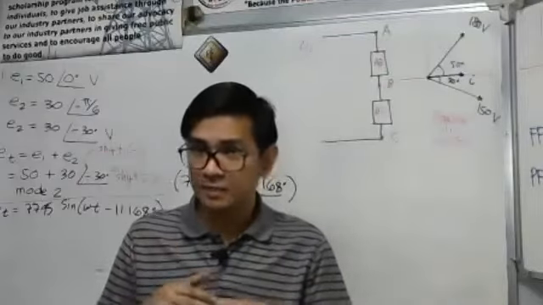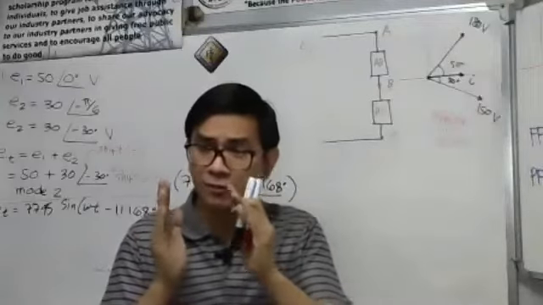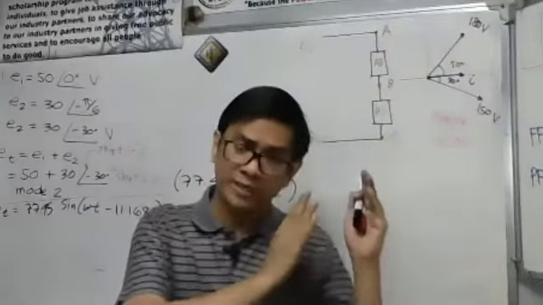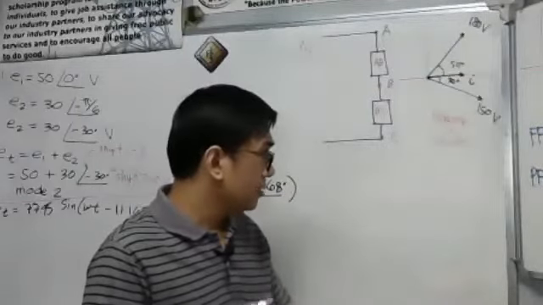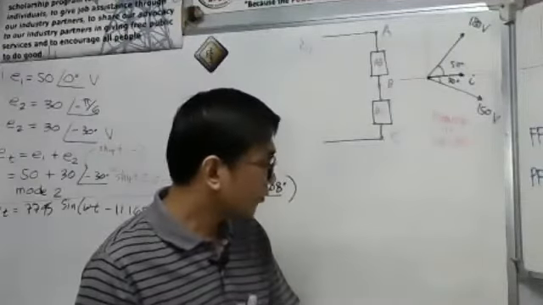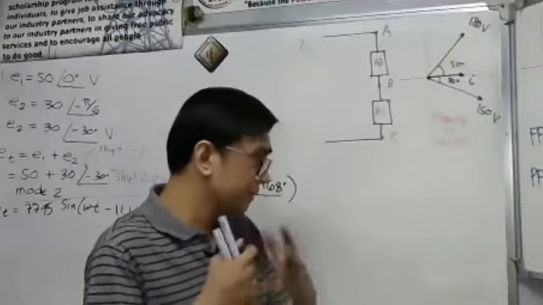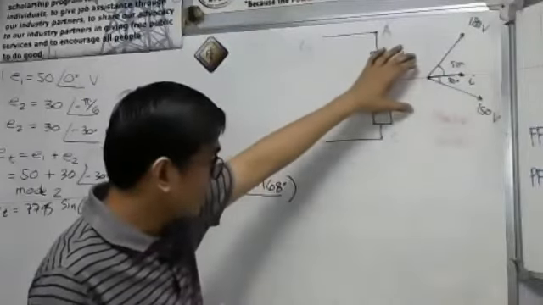We need to finish advanced engineering math first before you go to AC circuits. So this is quite hard if you go directly to AC circuits. But of course, you have to double your effort in terms of mathematics.